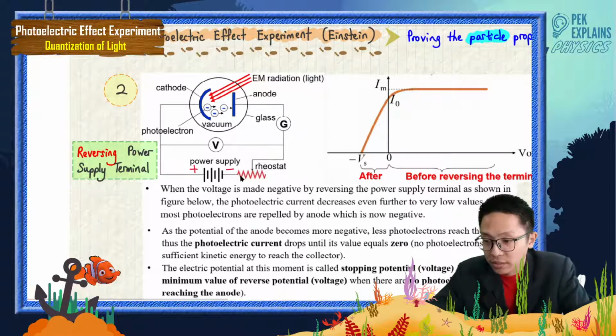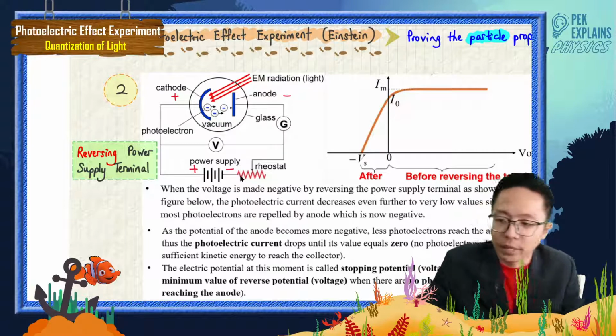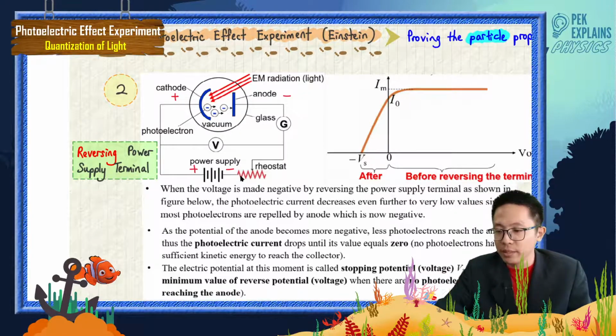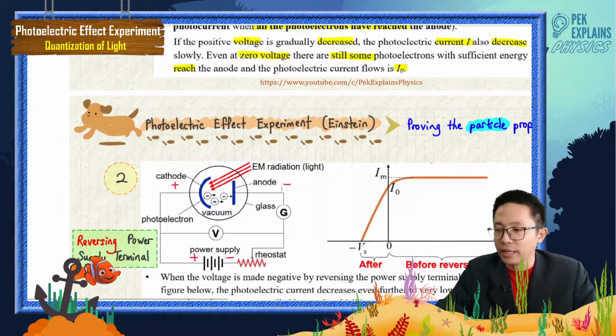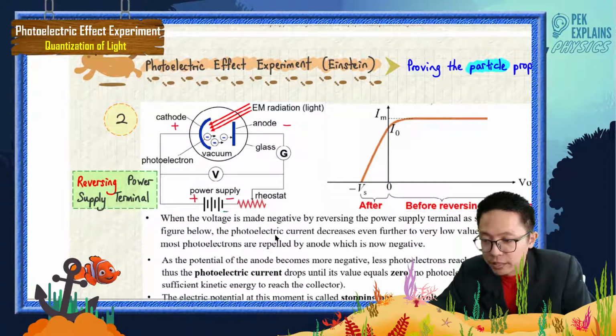So now the cathode is positive and the anode is negative. That means last time it was 0 volt, now I reverse it to negative 10.